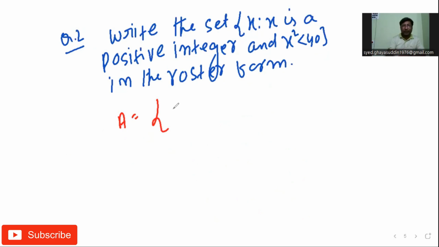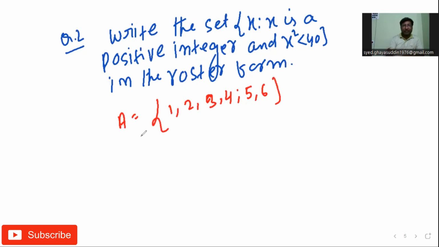So when you take x: 1 squared is 1, 2 squared is 4, 3 squared is 9, 4 squared is 16, 5 squared is 25, 6 squared is 36. But 7 squared is 49, and x² must be less than 40.